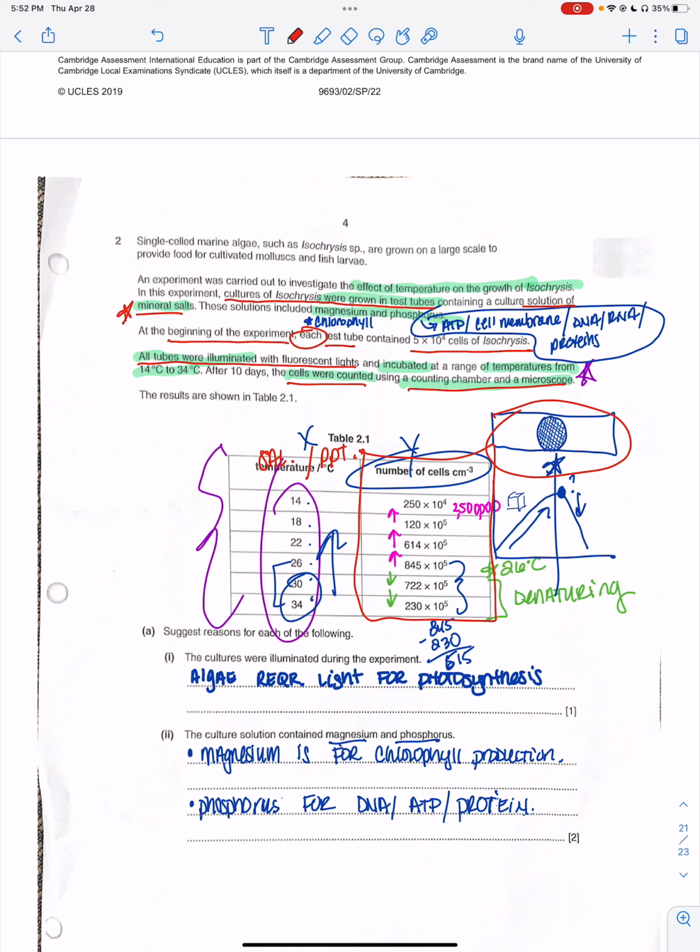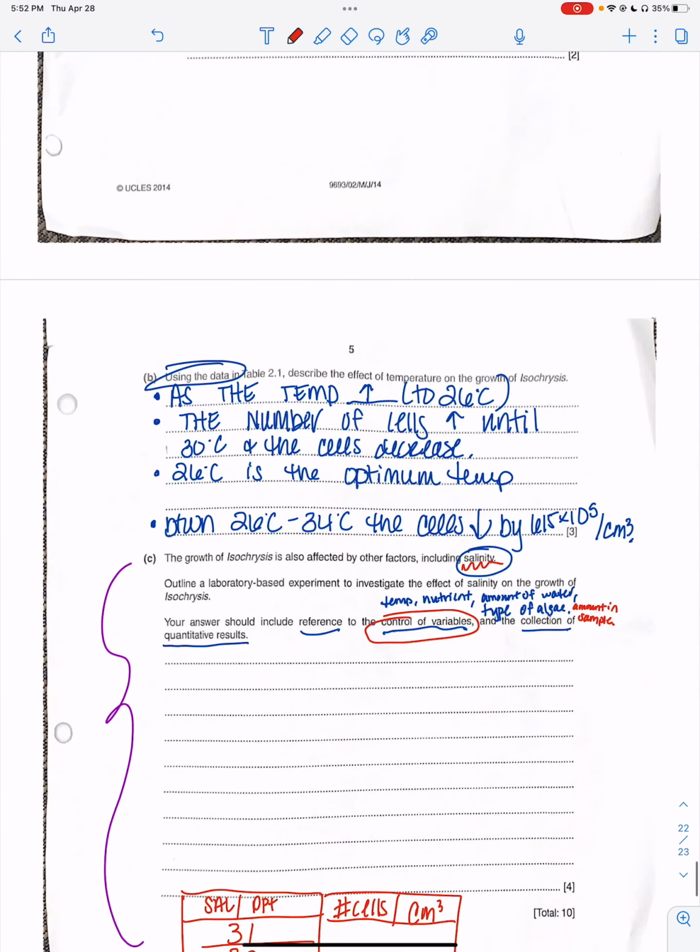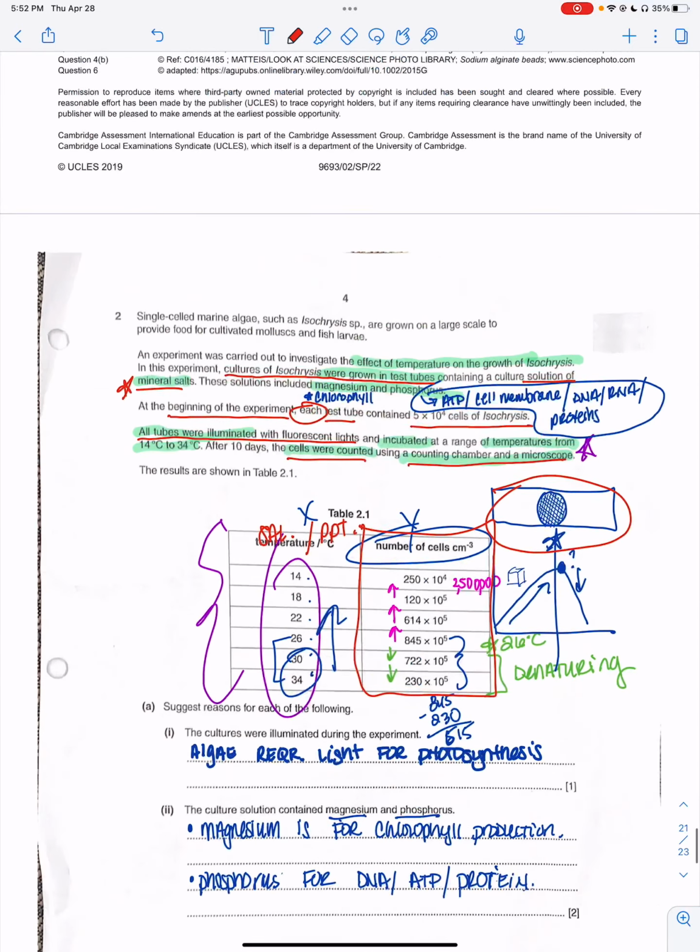You want the same amount of water, but you're going to change on purpose the amount of salinity. And then after 10 days, same thing, a time factor, you're going to count those using a counting chamber and a microscope, identical. Results are recorded.